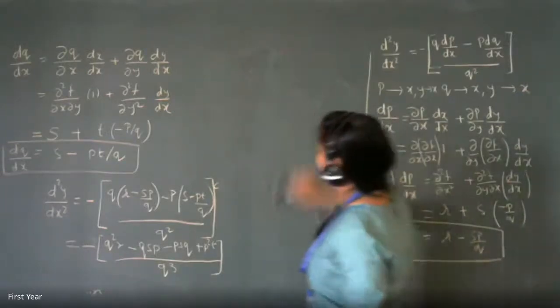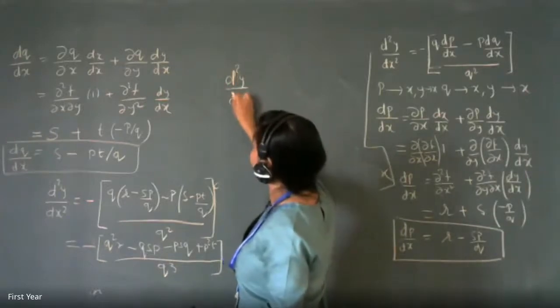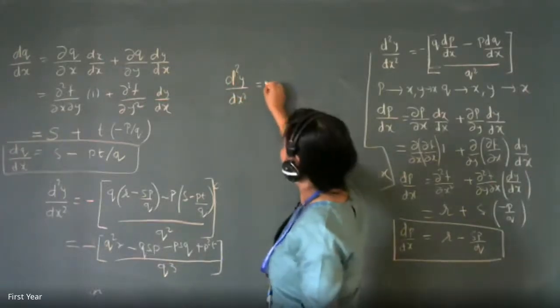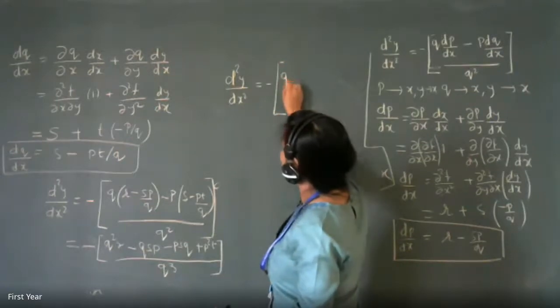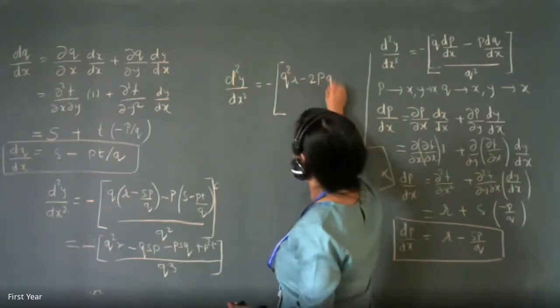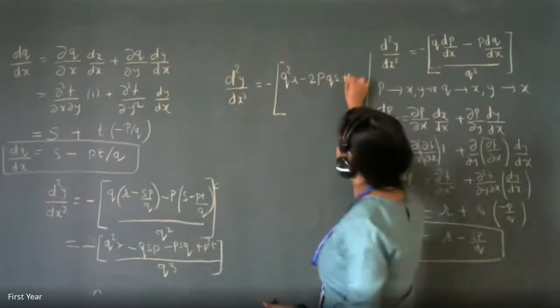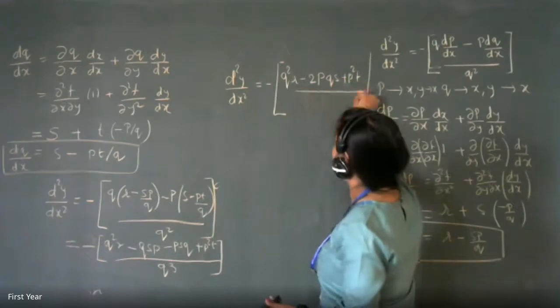And therefore your final value of d2y by dx square, which will be asked as a formula, is nothing but d2y by dx square is equal to minus of (q square r minus 2pqs plus p square t) divided by q cube.